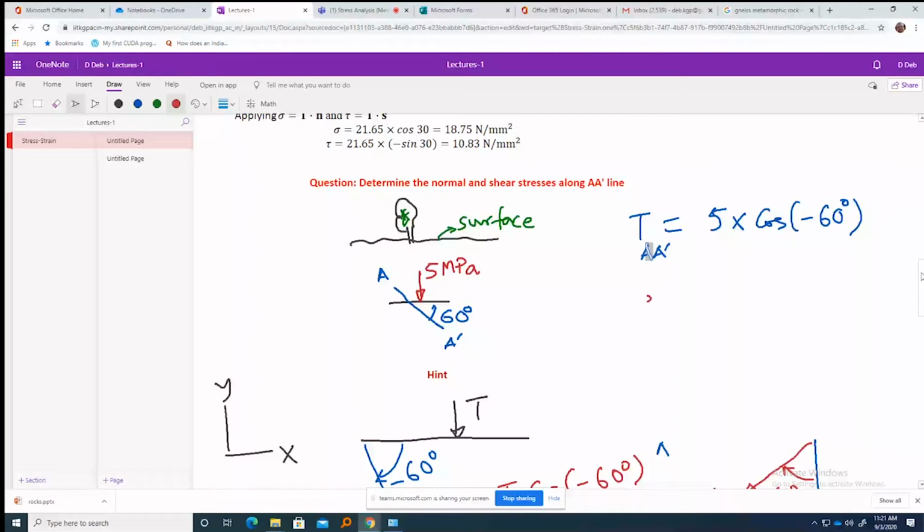Everybody has a calculator with you. You keep a calculator along with you when you come to this class.